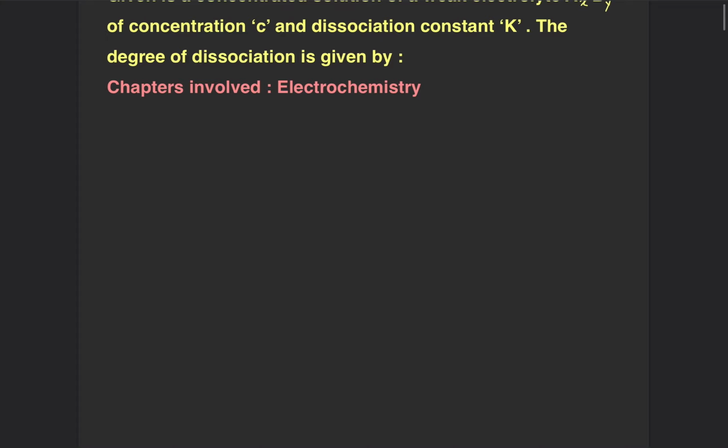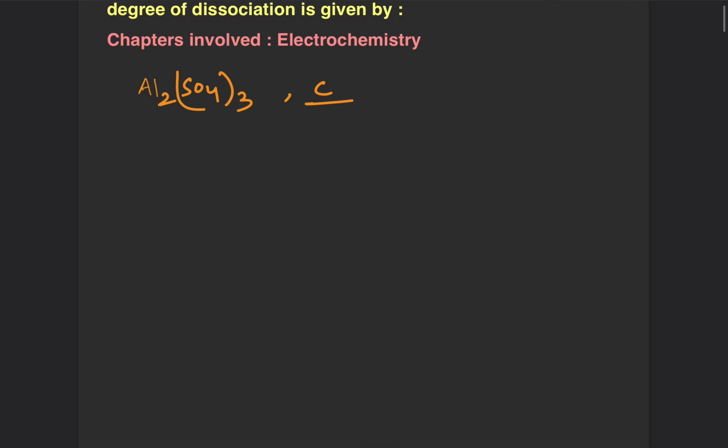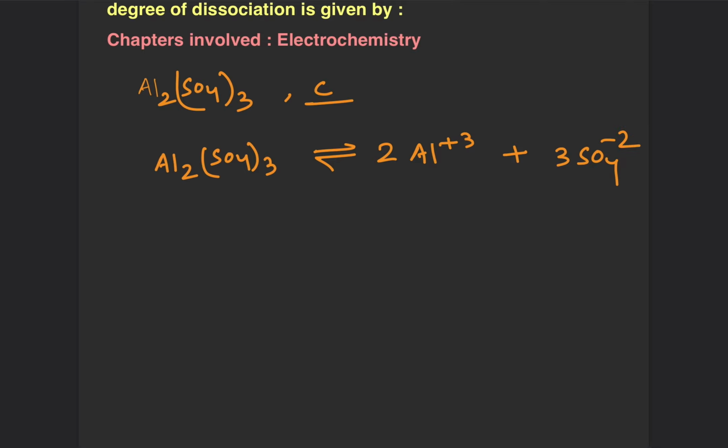So let's take an example of dissociation of Al2(SO4)3. And obviously let's say its concentration is C. Okay, so we need to understand a few things. So we know that Al2(SO4)3, that is aluminum sulfate, will undergo dissociation to give me 2Al+3 ion plus 3SO4-2 ion.